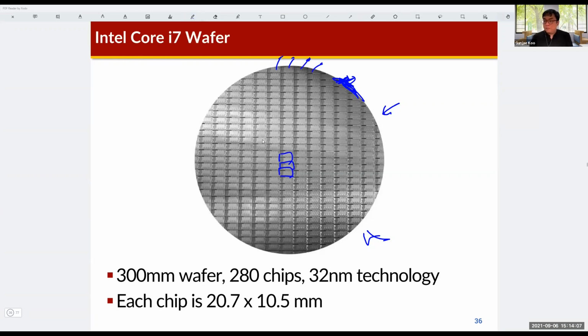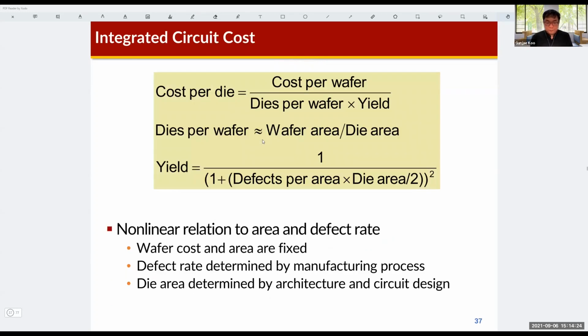And then also there can be some defects on the wafer. And if a defect is found, then this is a broken chip. So we also need to throw away these broken chips. Okay. So this is called the yield. Yield means the percentage of successful dies among the entire possible number of dies.